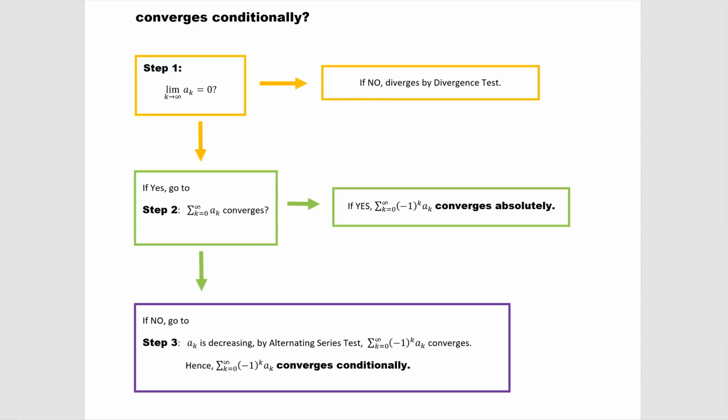The sequence is decreasing, not the series. For the series we can only say converge or diverge. Because a sub k is decreasing, and also because the limit of a sub k is 0, which we already showed in step 1. Those are the 2 hypotheses of the alternating series test. Then we say by the alternating series test, our alternating series converges. So that's why it converges conditionally.